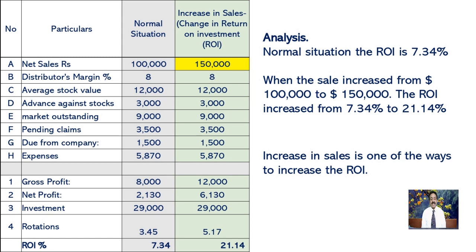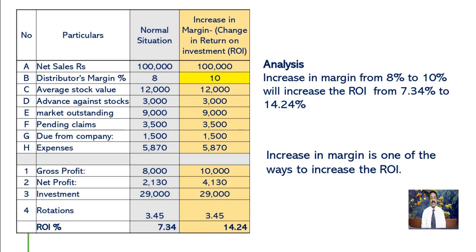For the second way, I have taken a change in the distributor margin. First we saw a change in sales, how increasing the sales changes profitability. Now I will show you how ROI changes if you change the distributor margin. See in this sheet, in the second column, increasing the margin from 8% to 10% increases the ROI from 7.34 to 14.24%.